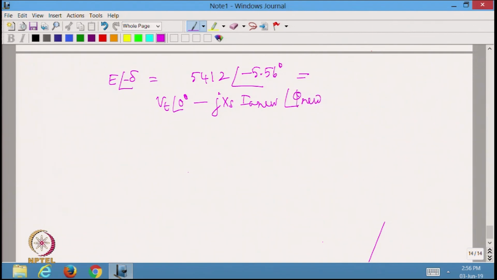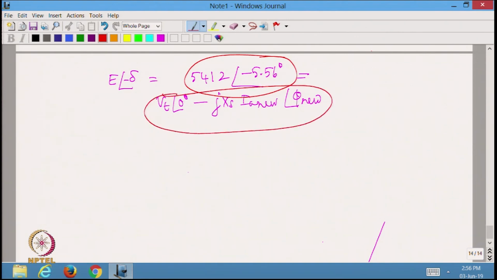So, you would get one real part and one imaginary part. Similarly, you will be able to get one real part and one imaginary part here.